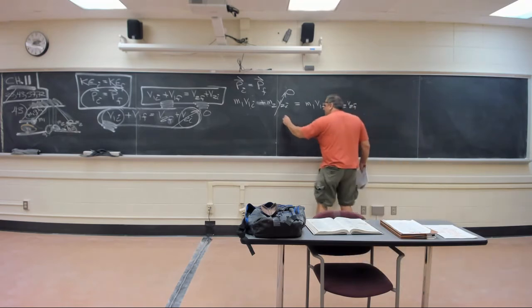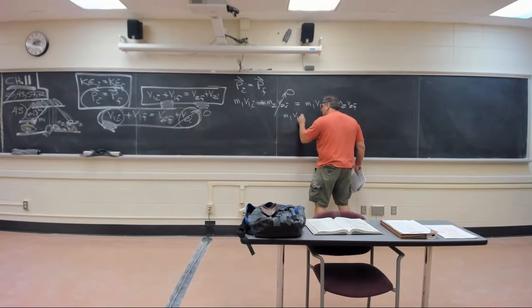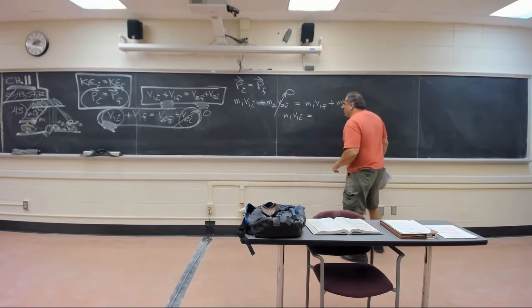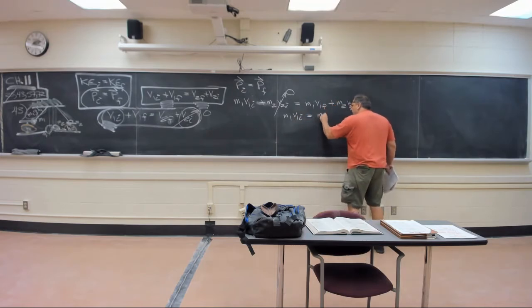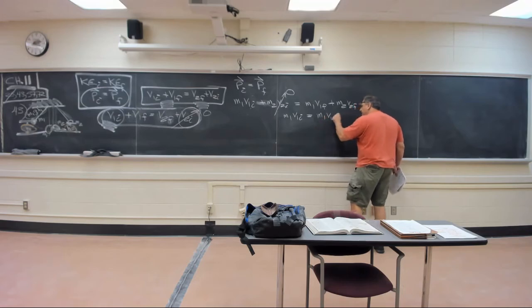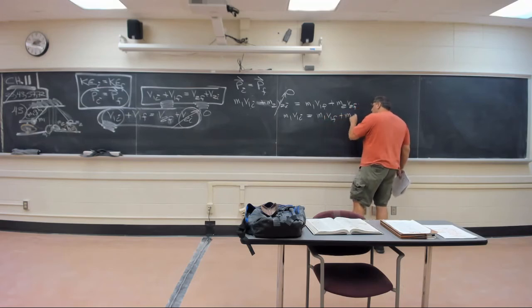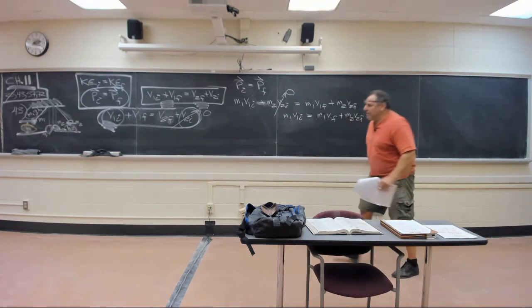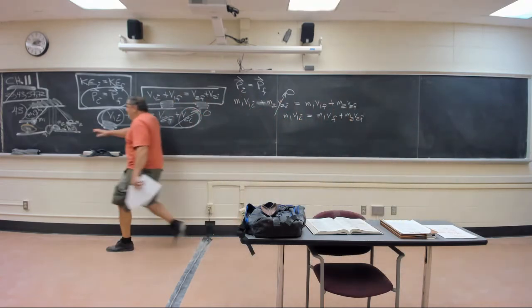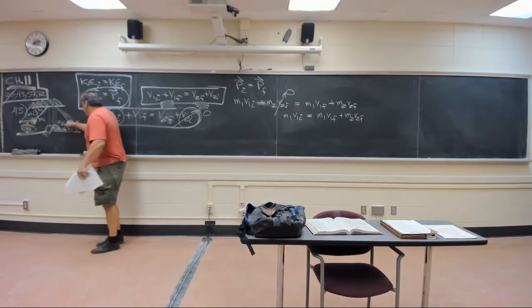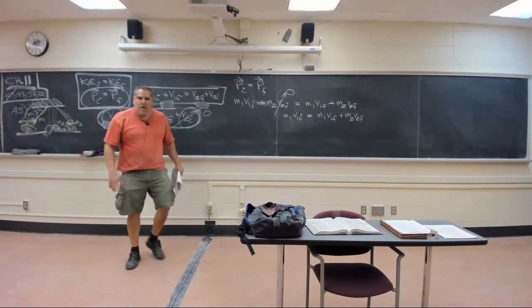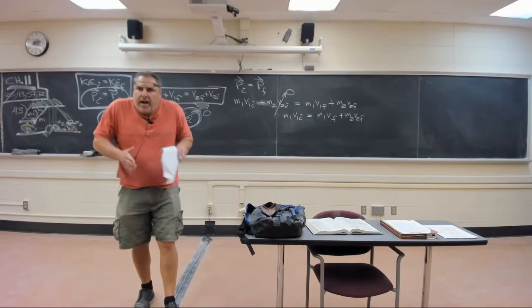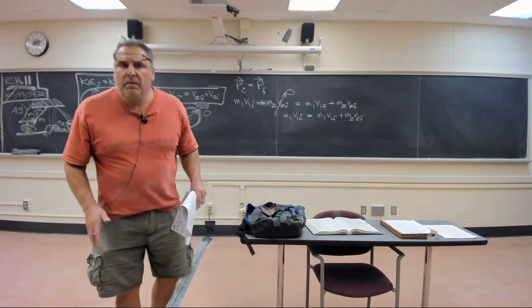We have M1 V1I equals M1 V1F plus M2 V2F. I don't care about way up top. Way up top over here at 0, way up top over here at 0. That's trivial. I care right before impact and right after impact.